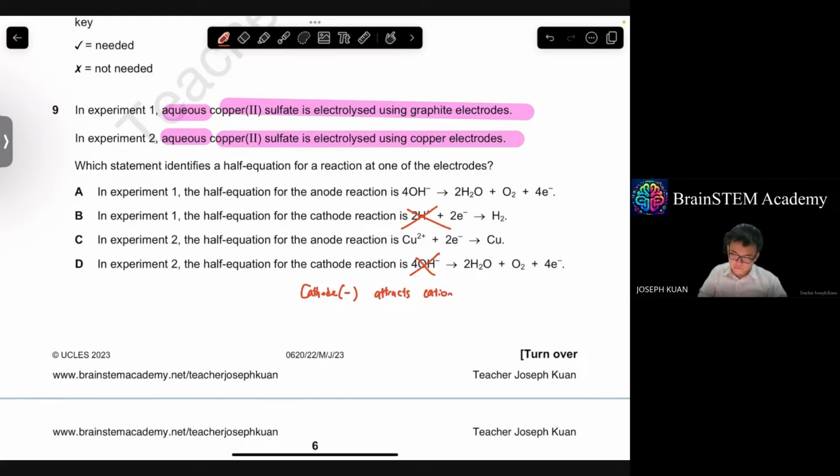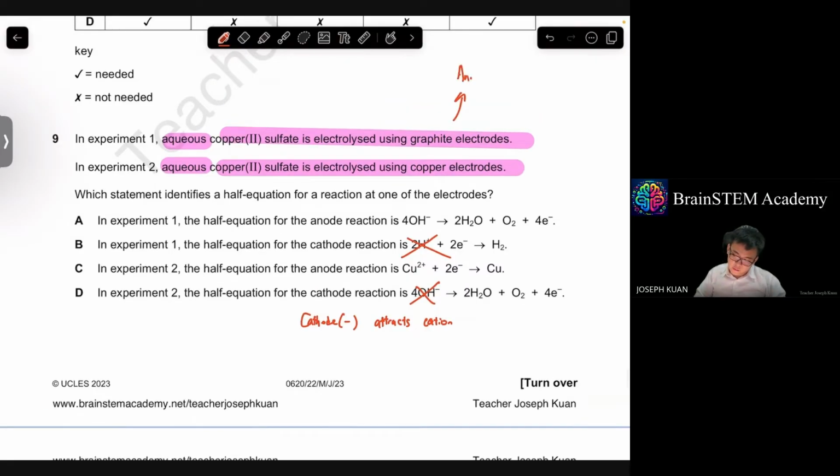From there, we know that D is wrong. Okay. Then also, if copper is present, it must be copper. It wouldn't be hydrogen. So we know B is wrong. So either A or C. So now we have to analyze the anode. By default, the anode in an electrolytic setting should give rise to oxygen gas, unless there are active electrodes or the usage of concentrated halides.